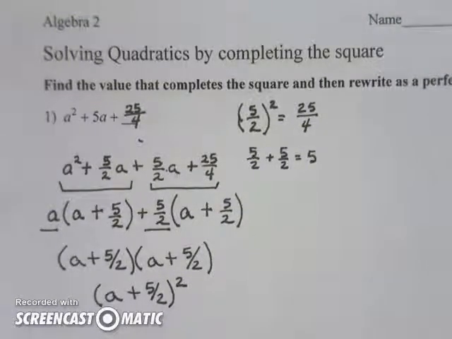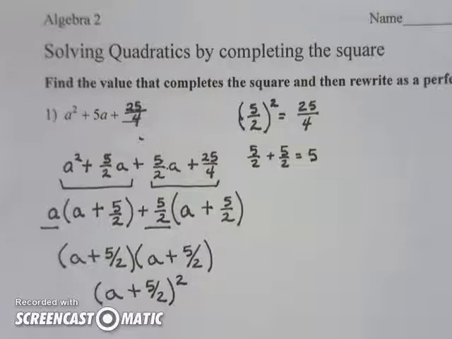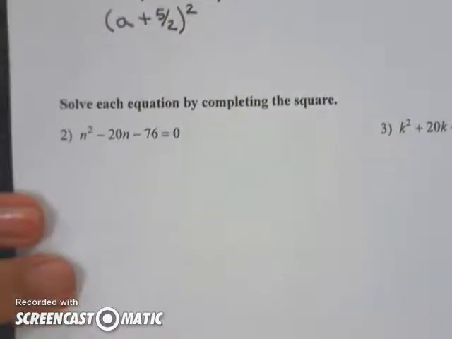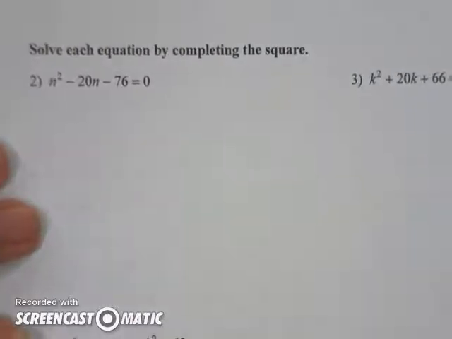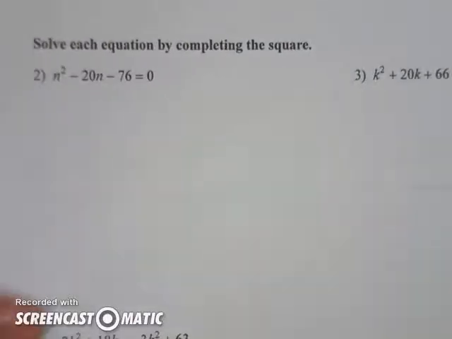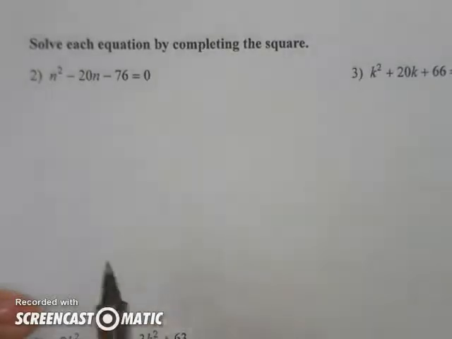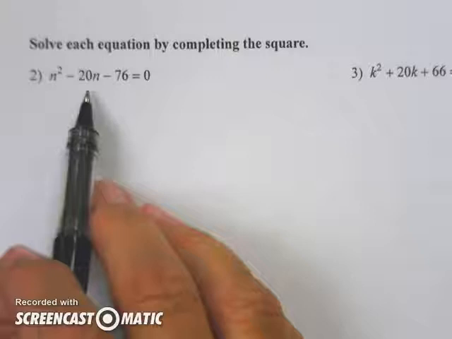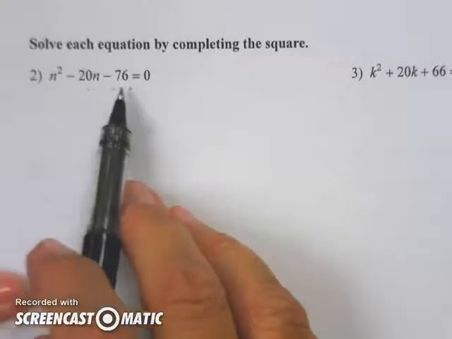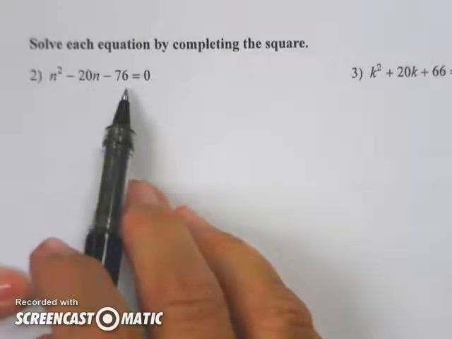Now, let's solve using completing the square. To solve this, I need to keep the n squared and the n term on the left and move the negative 76 from the left side.